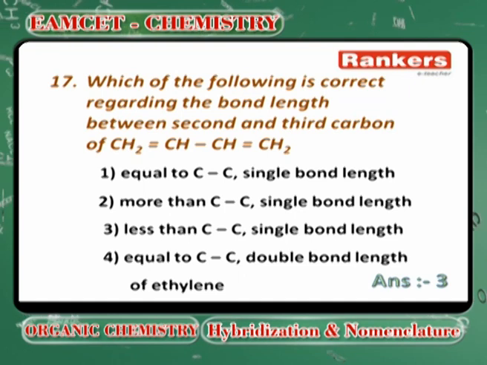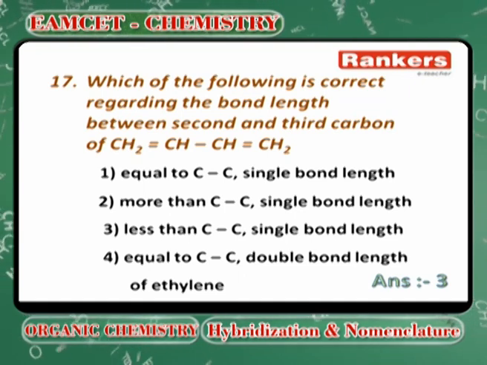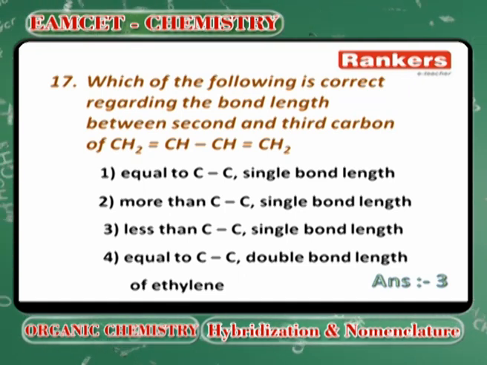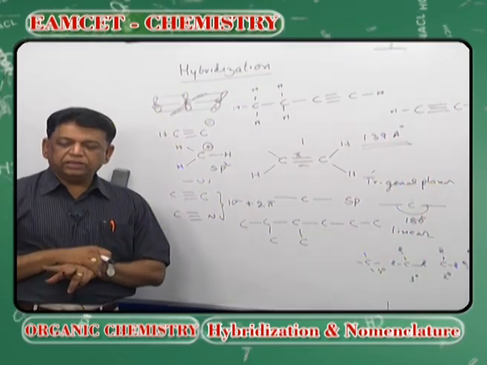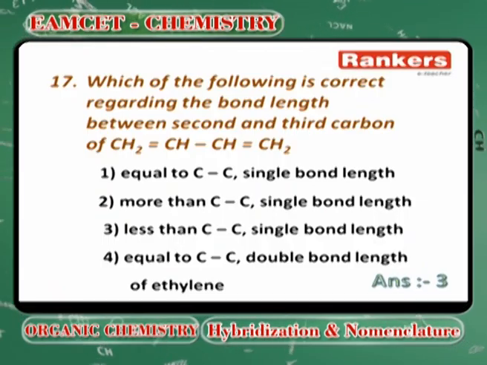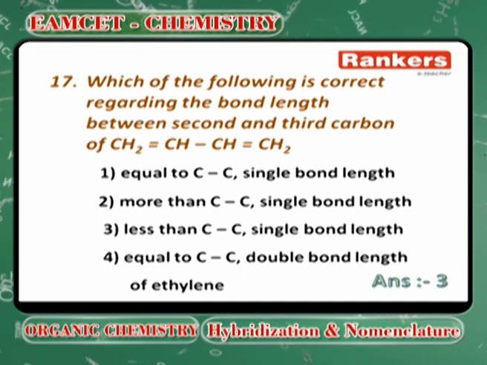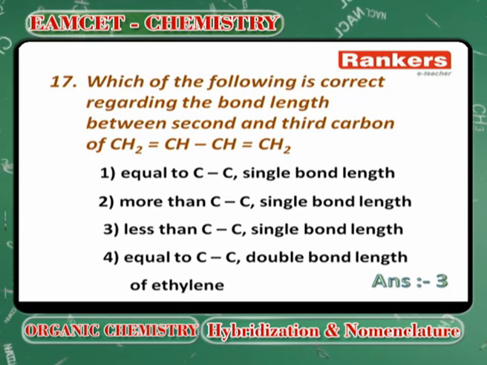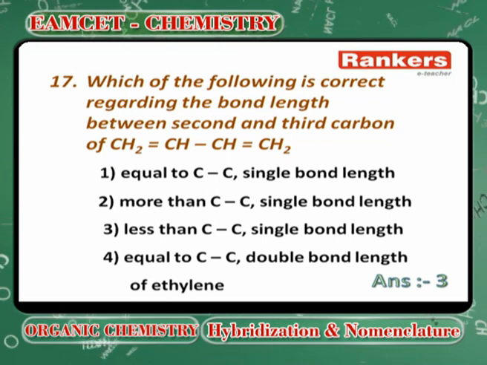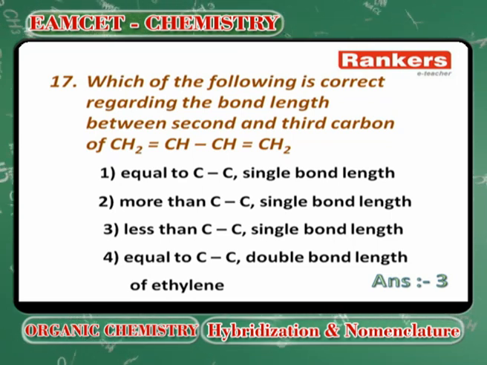So, the double bonds will not be localized; they are delocalized. So, in fact, all the bonds will tend to have similar lengths. Therefore, the middle single bond length decreases slightly. So, the question is, between the second and third carbon, the single bond happens to be less than the normal single bond length, so the answer goes to the third.